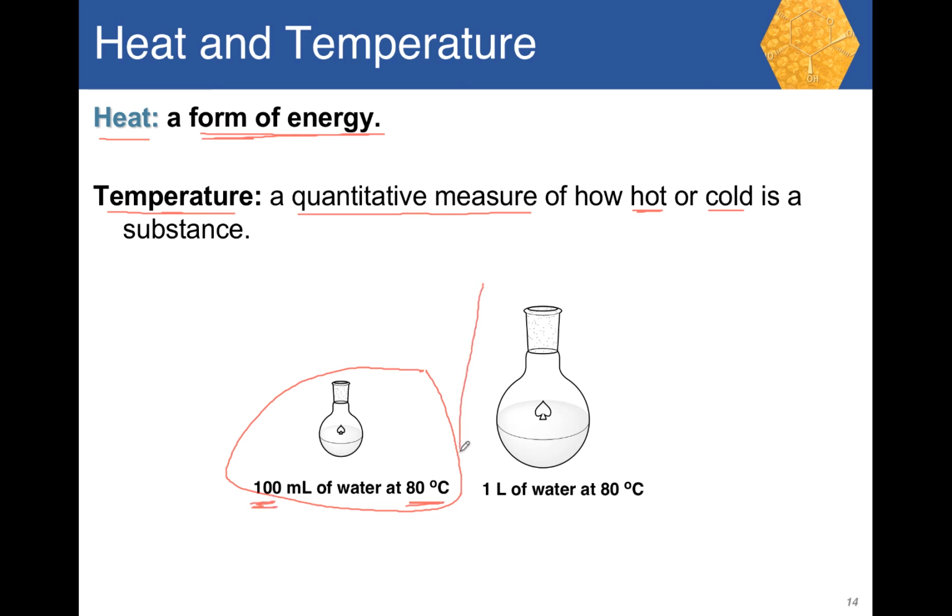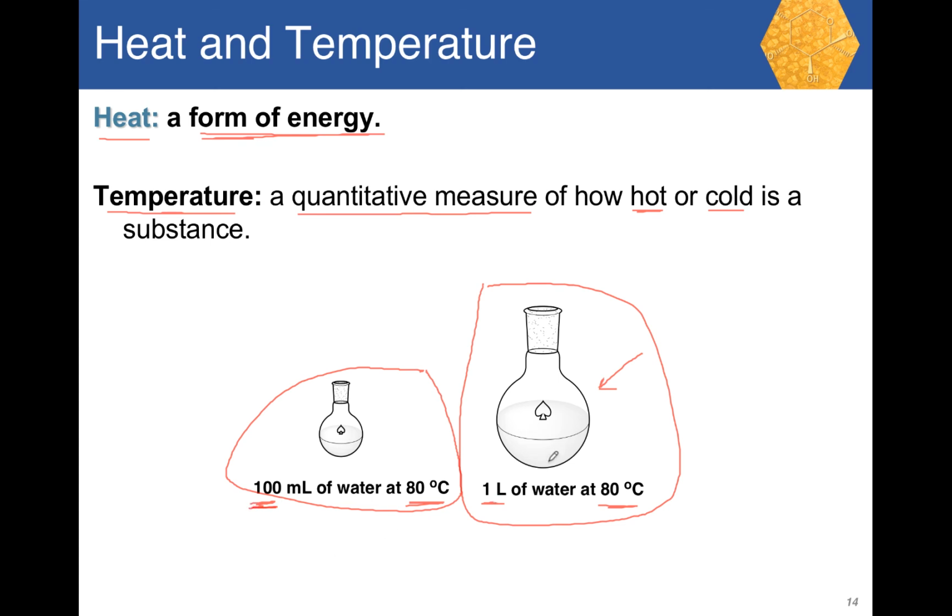And you compare that now to 1 liter, which is 1,000 mils of water at the same temperature. Notice the same temperature. I am sure you will agree that this 1 liter of water will cause a greater damage in terms of burn compared to 100 milliliters.